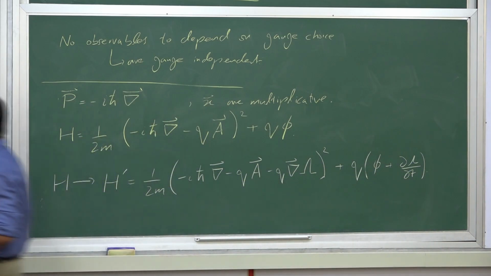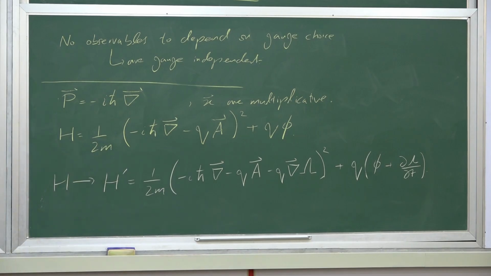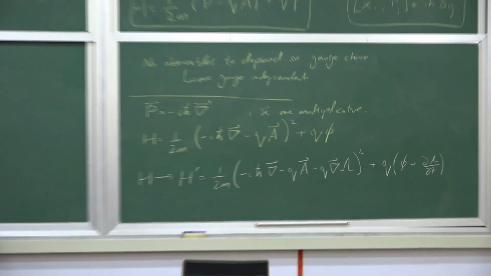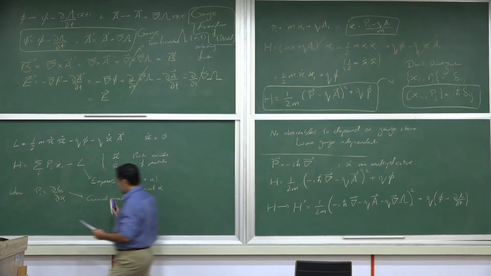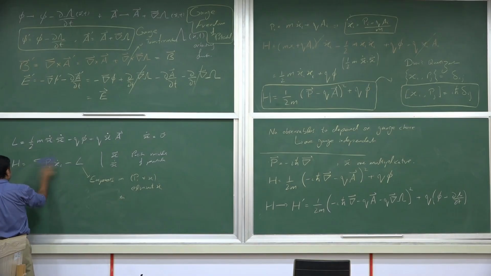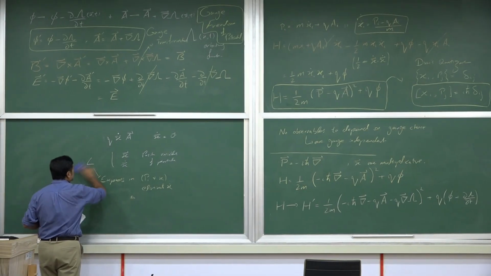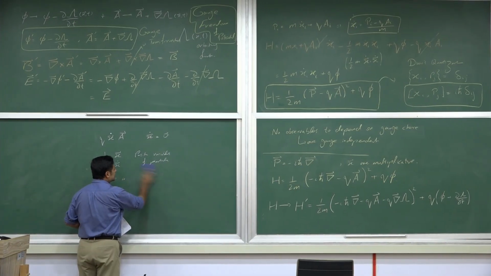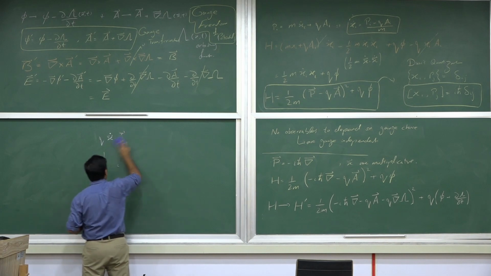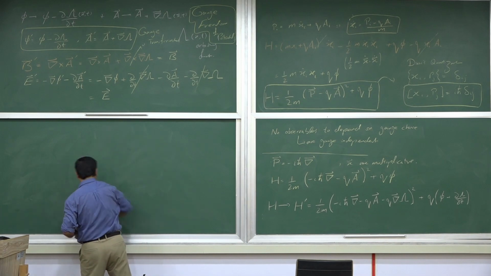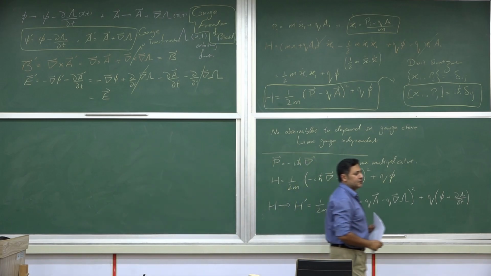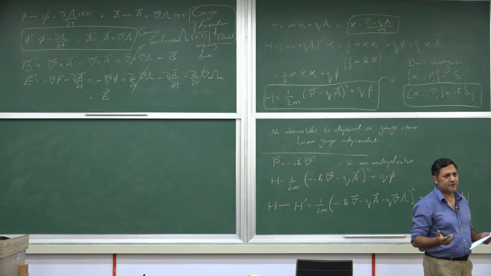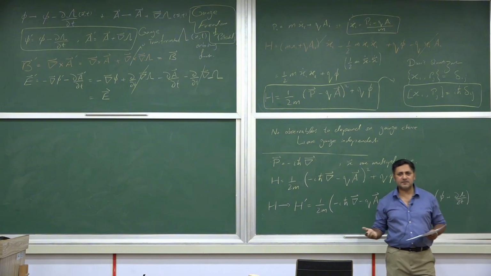But we have to remember that our wave functions themselves have a gauge freedom. Gauge freedom in exactly this sense: your wave functions or state vectors are vectors in the Hilbert space.